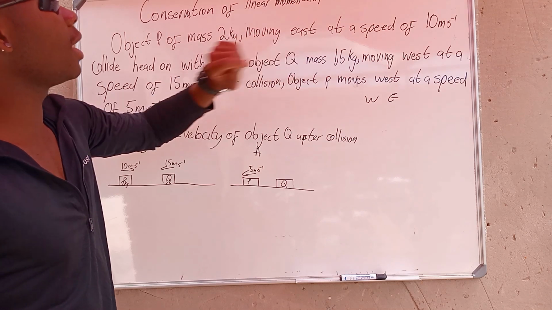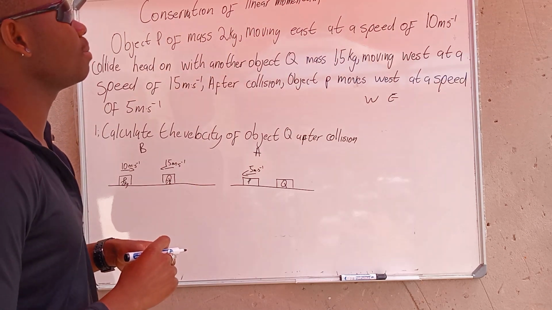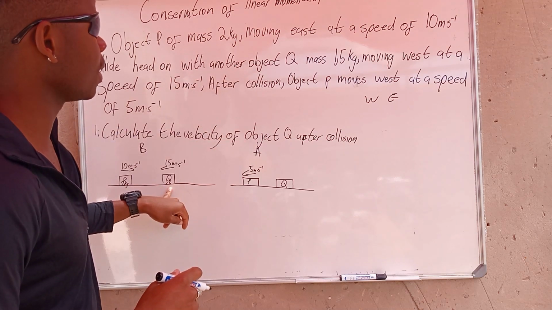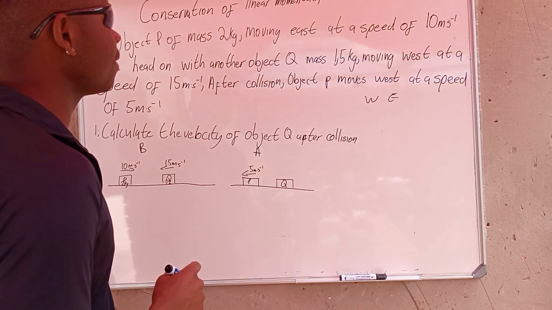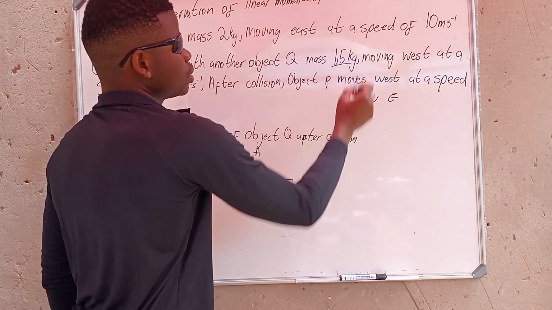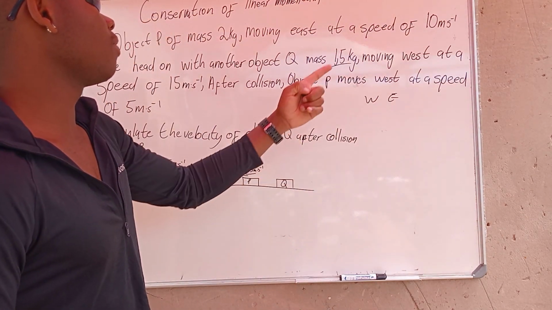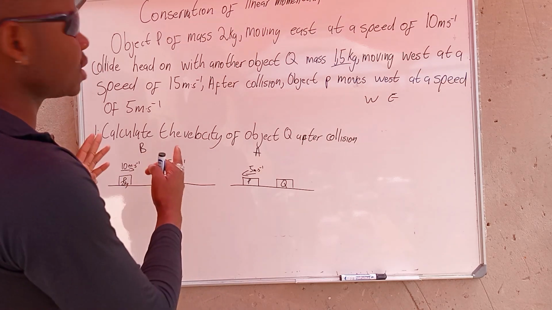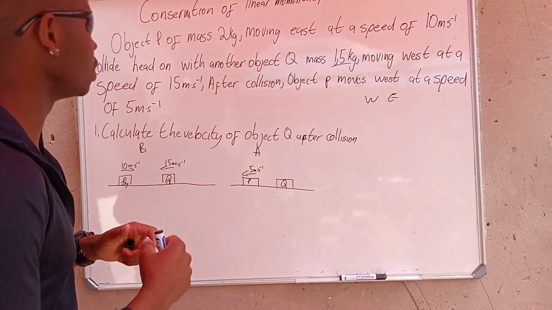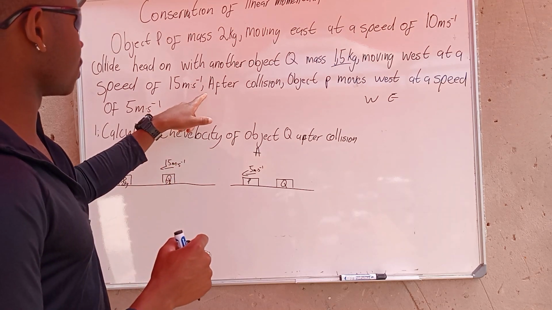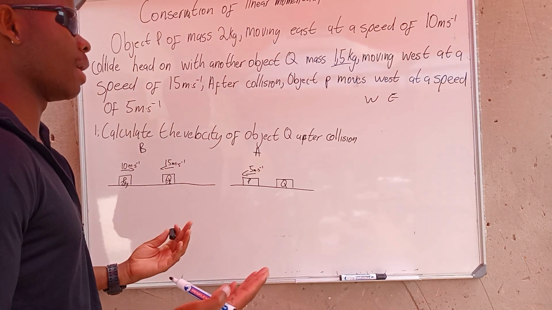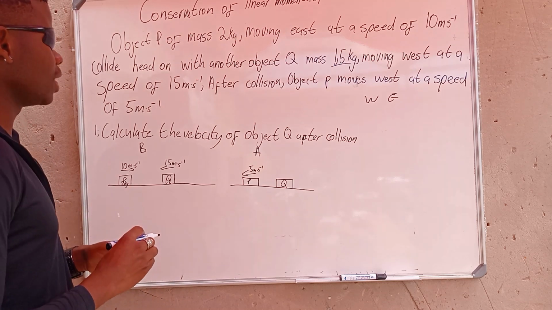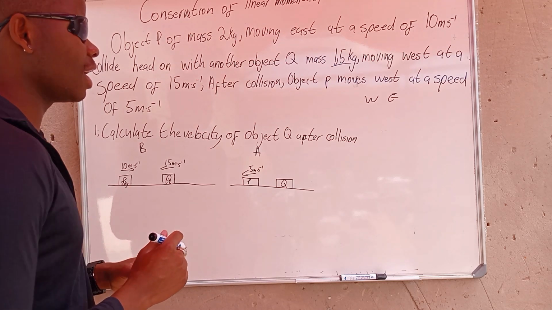Moving east at a speed of 10 meters per second, it collides head-on with another object Q, with a mass of 1,5 kg, moving west at a speed of 15 meters per second. From this scenario, they're talking about before the collision. Then they say after the collision, object P moves west at a speed of 5 meters per second. Calculate the velocity of object Q after collision.